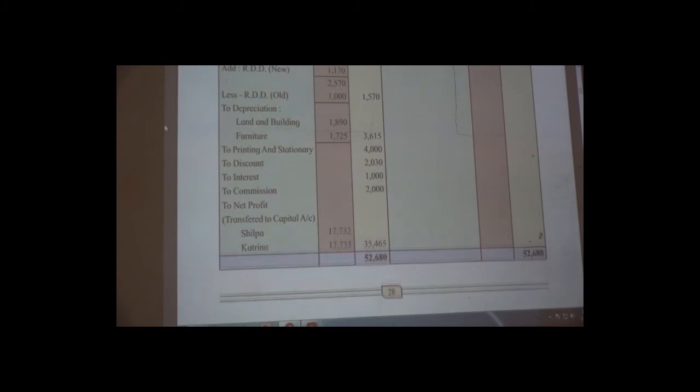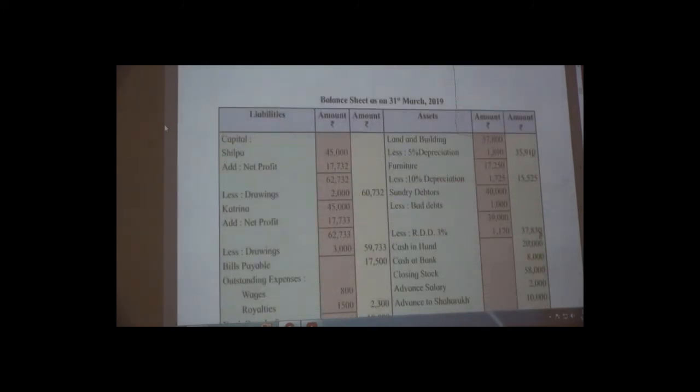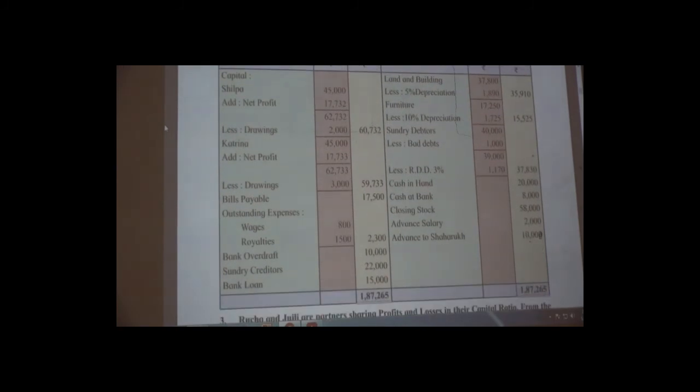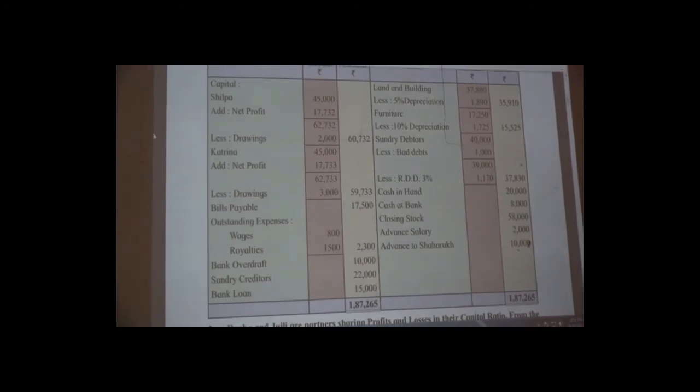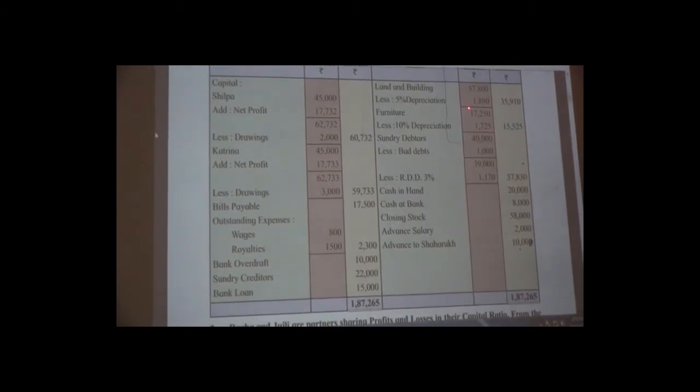Okay, then see in the adjustment, our last asset is furniture. We will have to take the depreciation at 10%. So again come to the balance sheet, asset side, furniture, 10% depreciation we are asked. So do the calculation. The total amount of furniture is 17,250. 17,250 into 10 by 100, we will get the amount of depreciation, that is 1,725.